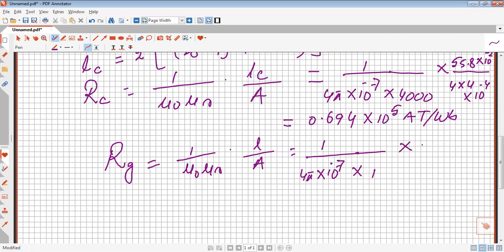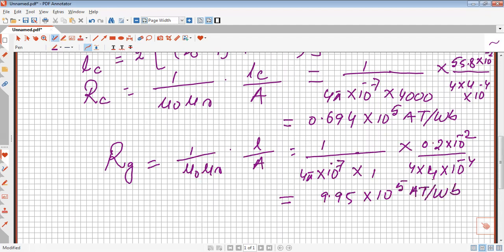What is the length of the gap? It is given as 0.2 centimeter, or we convert it to 2 into 10 to the power minus 3 meter, and area of cross section is 4 into 4 into 10 to the power minus 4. So after solving this, we will get reluctance of the air gap, which is equal to 9.95 into 10 to the power 5 ampere turn per Weber.